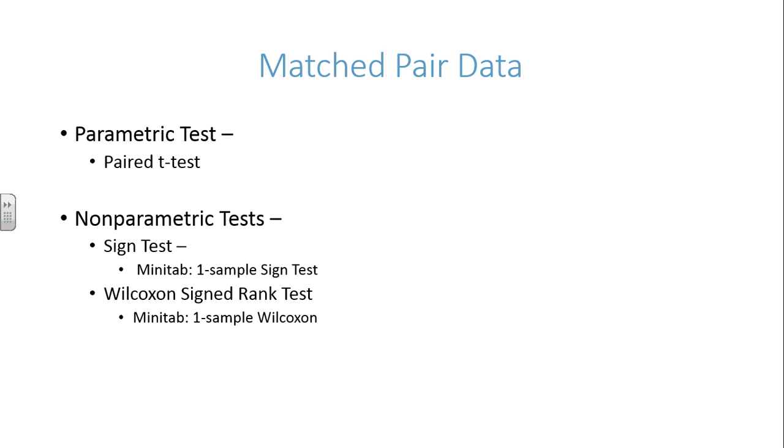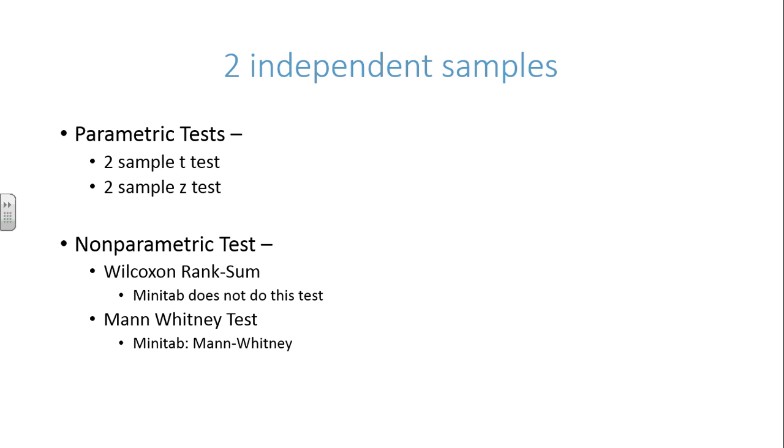If we're dealing with matched pair data, then if we were doing a parametric test, we'd be doing a paired t-test. In the nonparametric test, we'll be doing a sign test or a Wilcoxon signed rank test. So we'll be using the same nonparametric test whether we're dealing with one sample or matched pair data. If we're dealing with two independent samples, then the parametric version would either be a two-sample t-test or a two-sample z-test. Remember, the two-sample z-test is so rare we didn't even really cover it with Minitab.